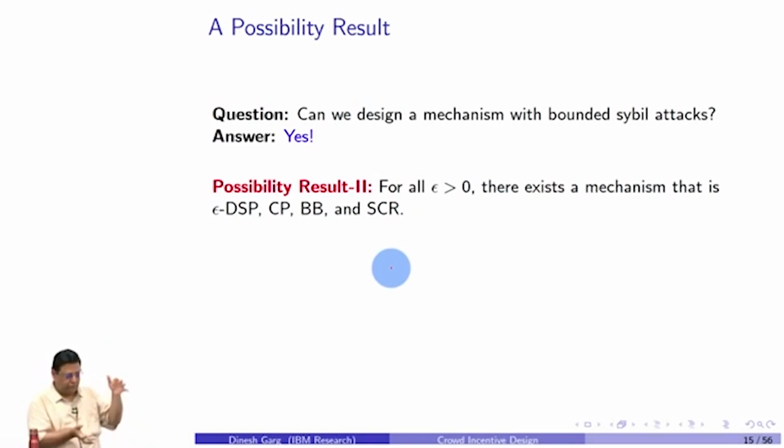It is collapse proof, it is completely budget balanced, and the Sybil attack is not completely foolproof, but it cannot exceed by more than an epsilon factor. That I guarantee, okay.